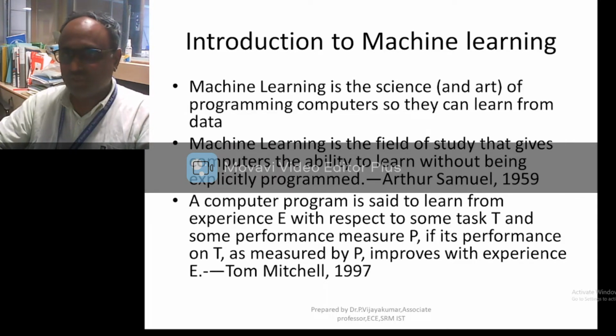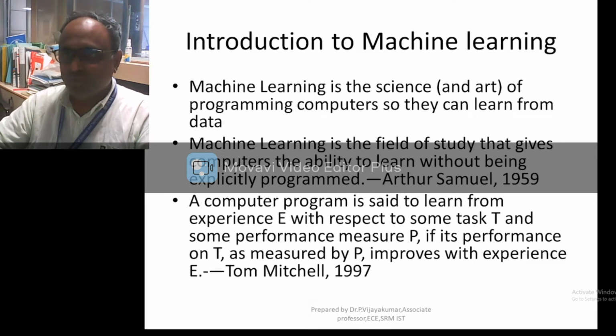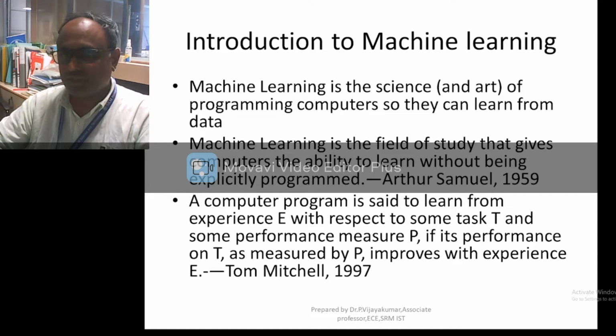And the third definition: a program is said to learn from experience E with respect to some task T and some performance measure P, if the performance on task T, as measured by P, improves with experience E. That means we can say the program is learning if there is an improvement in the measurement of performance while doing the task T. So that is the definition for a program to learn.